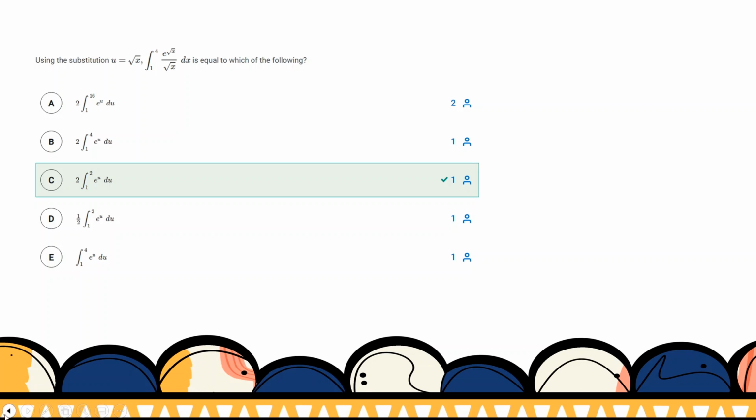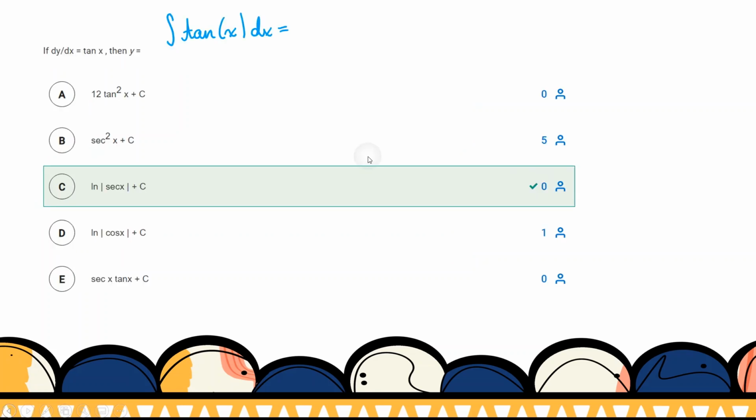So, on this problem, we say this is equal to the integral of sine x over cosine x dx.